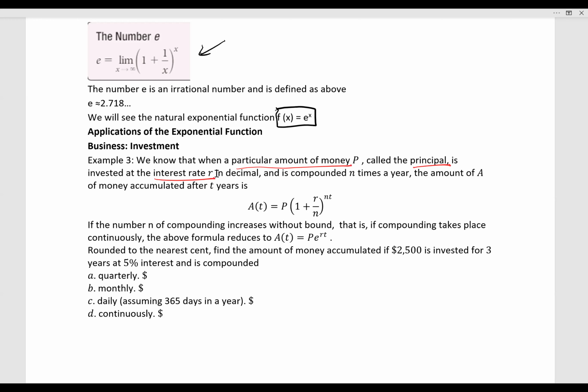And n is the number of compounding times per year. And lastly, A is the money accumulated after t years. So after t years, how much do you get for A?